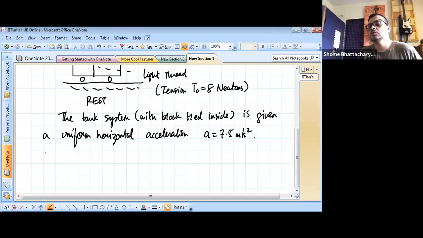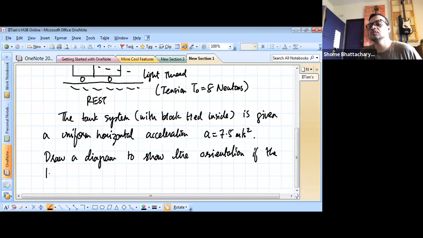So draw a diagram to show the orientation if the block is at rest with respect to the moving tank.